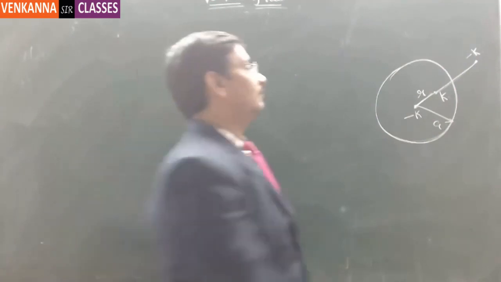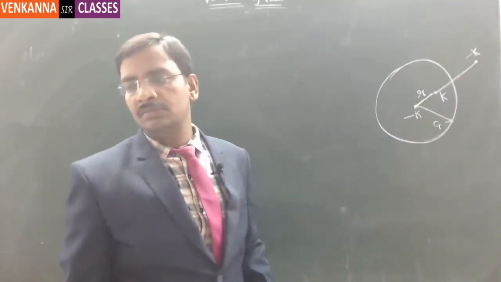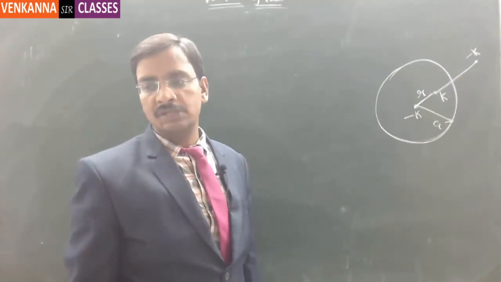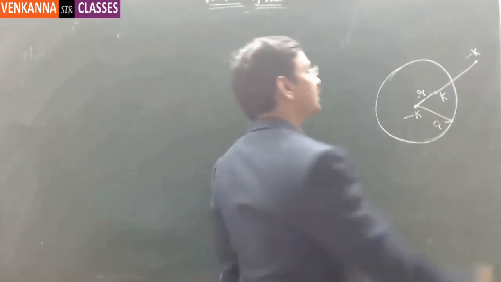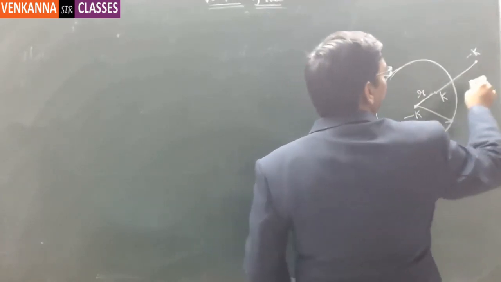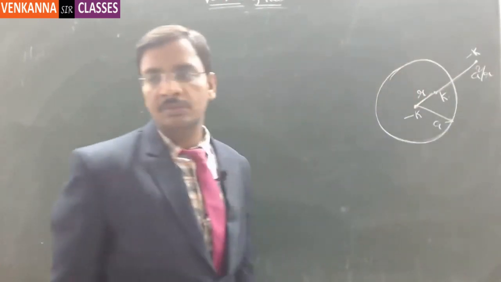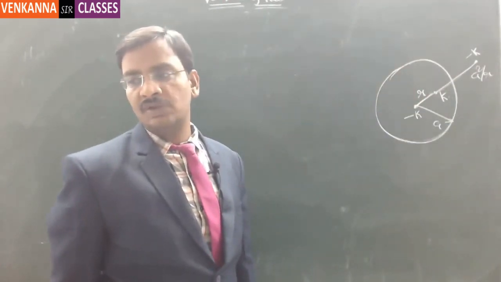Then this system together will form the image system of a circular cylinder. Now, what is the location of this? If this is a and this is r, then a squared by r is the other location. Got it? a squared by r.